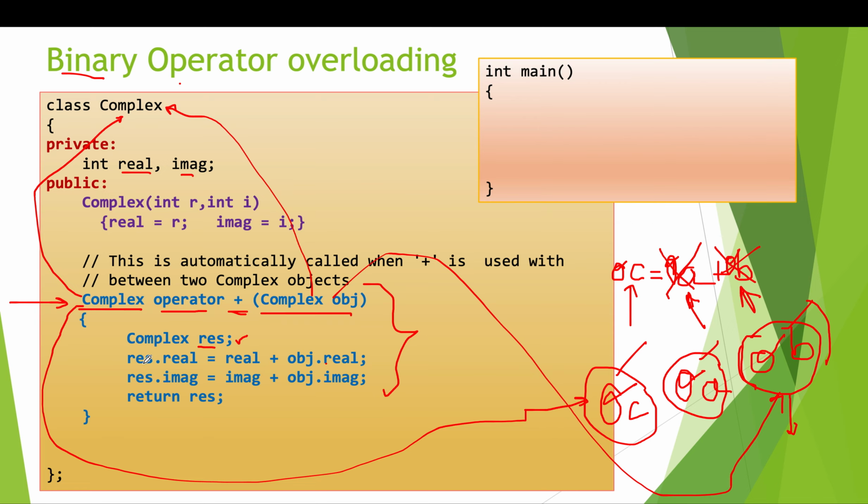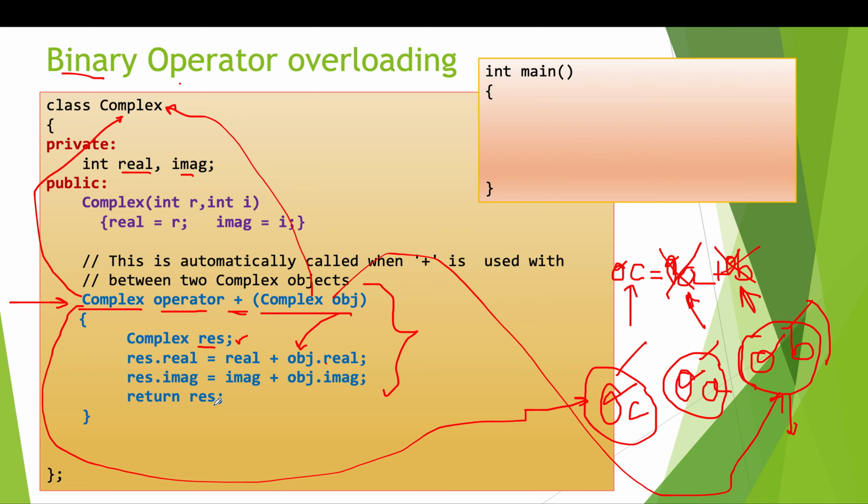So we say res.real. As res is an object of Complex, it will have its own real variable, and it will have res.image. So res.real is equal to real plus obj.real. What is obj? Obj is the input that we have provided to this function. Next, res.image is equal to image plus obj.image, and ultimately it returns the object res.